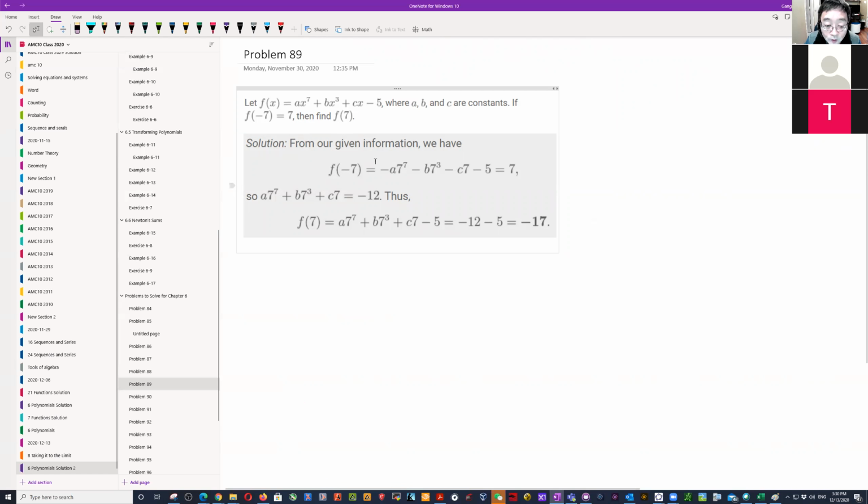So basically f(-7) will be expanded out to be this one.